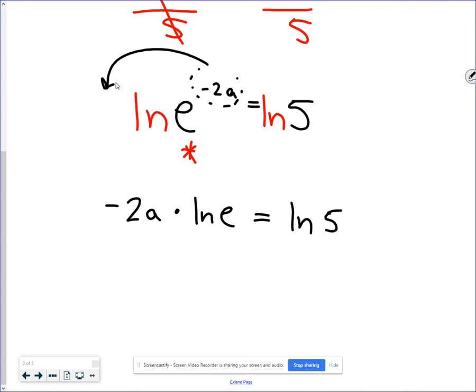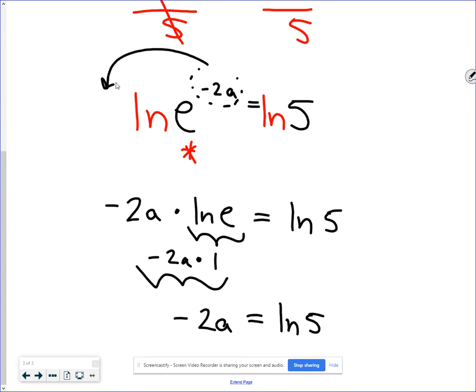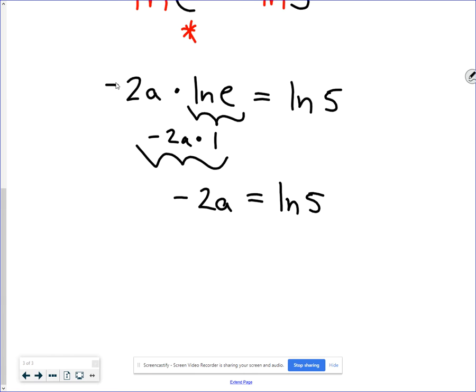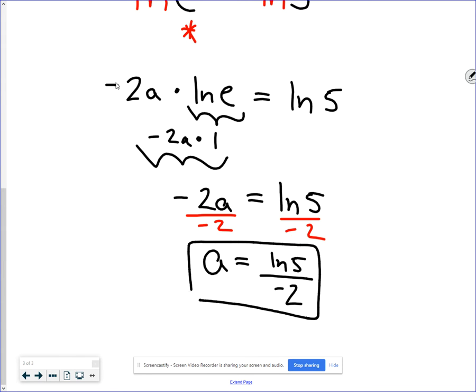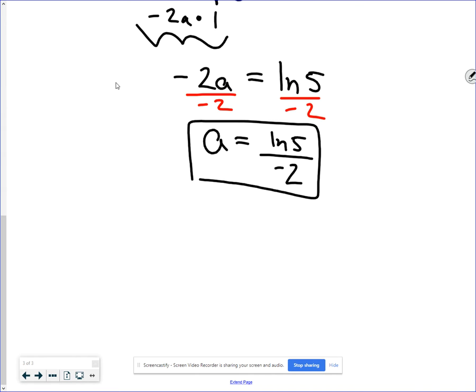So this is really 1 times negative 2a, which just gives us negative 2a. So now we got negative 2a is equal to the natural log of 5. To get a by itself, I would divide both sides by negative 2. So a would equal the natural log of 5 divided by negative 2.